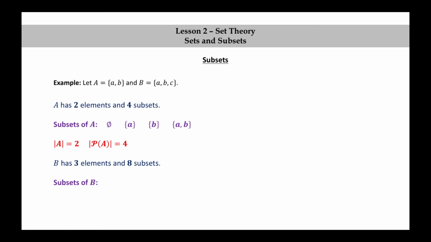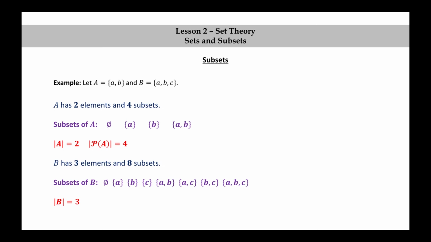Okay, let's write down the subsets of B. Well, again, there's the empty set, because the empty set is a subset of every set. There's the set consisting of just A, the set consisting of just B, and the set consisting of just C. And then we have the set consisting of A and B, the set consisting of A and C, and the set consisting of B and C. And finally, we have the whole set B consisting of all 3 elements A, B, and C. Notice that there are 8 subsets in total.